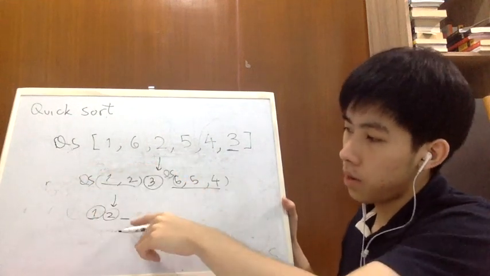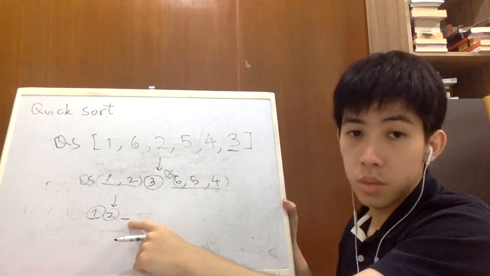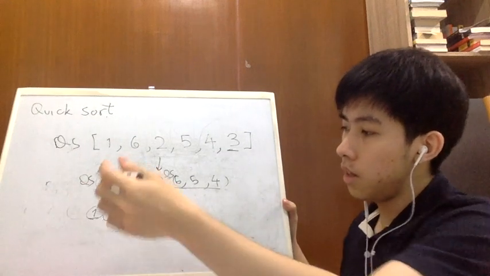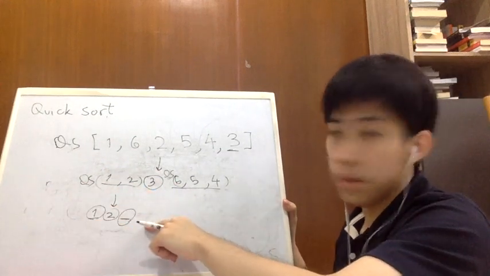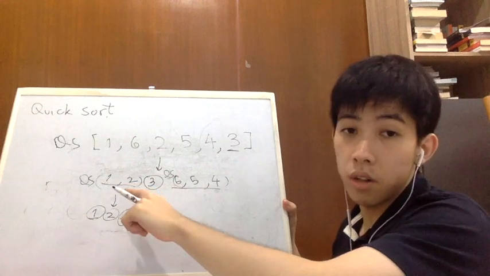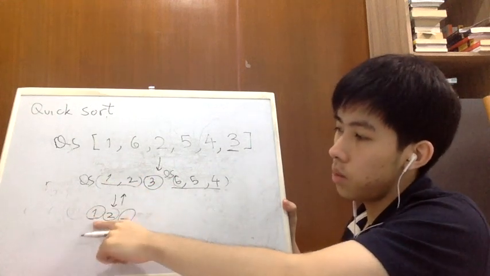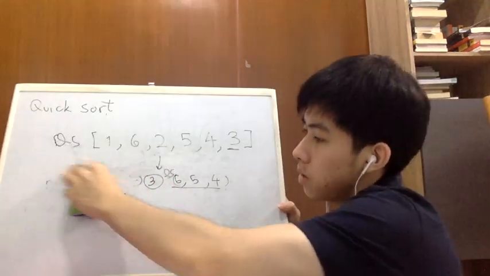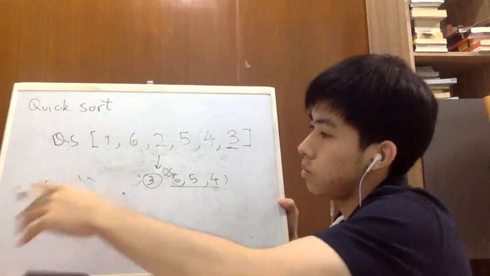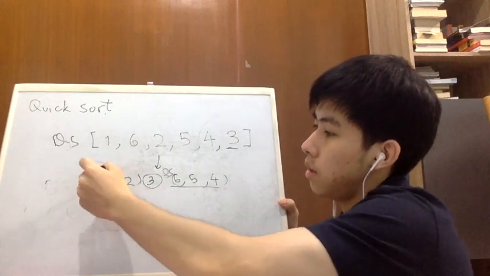In the same way, when we encounter the empty list, we can just return the empty list. So now everything is already sorted. We can return it to the caller function. Now we will replace this here with the sorted list, which is 1 and 2.